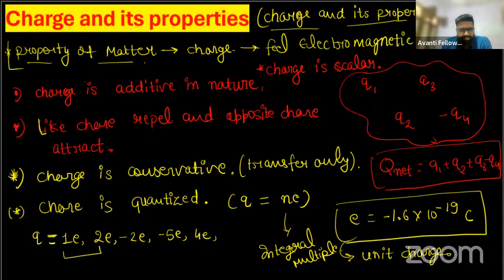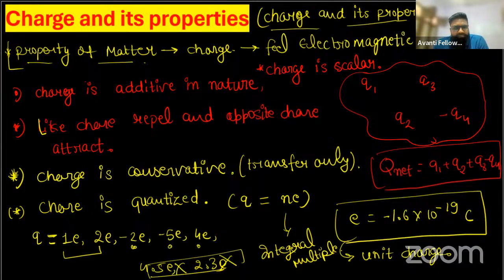Means always this number should be an integer. This charge is not possible like 4.5e, 2.3e. So these are not possible. Okay. So which means that charge is quantized.